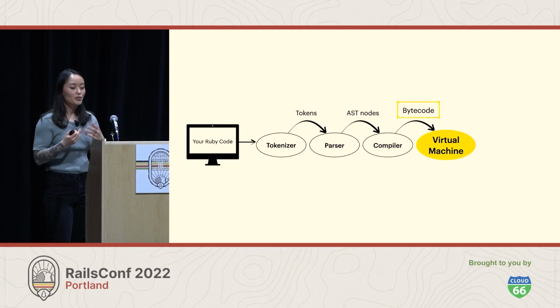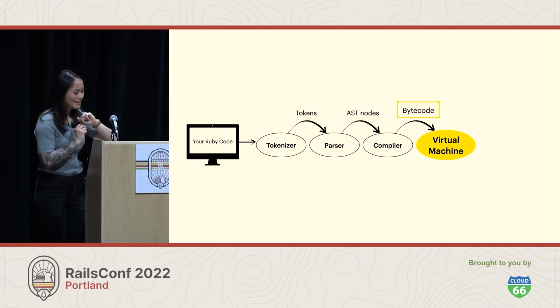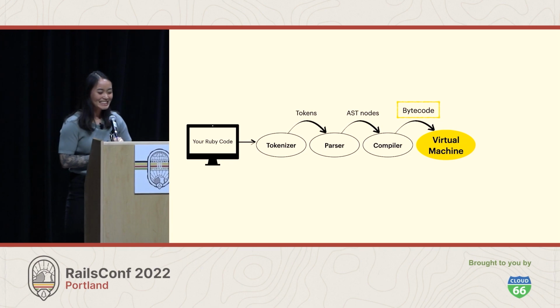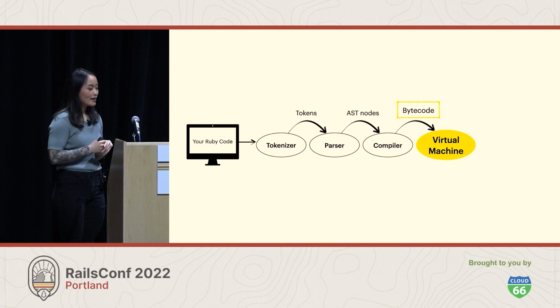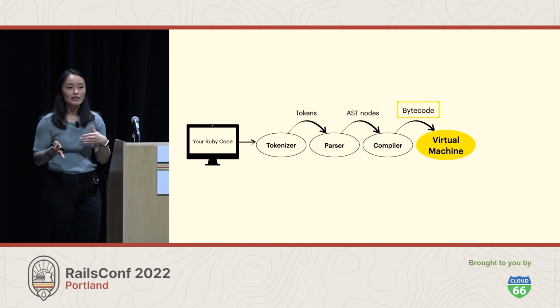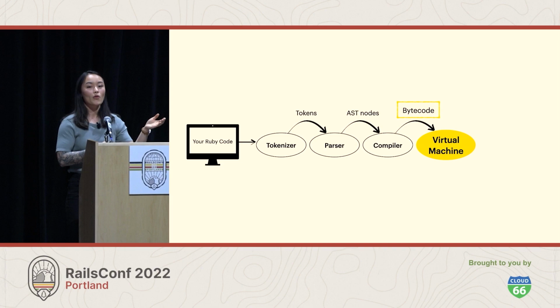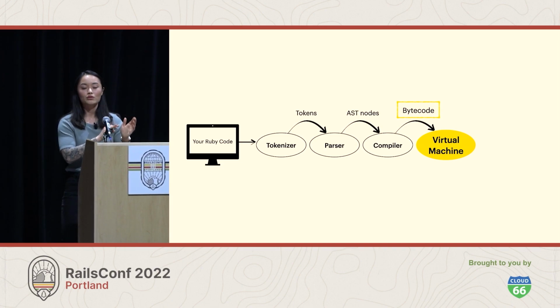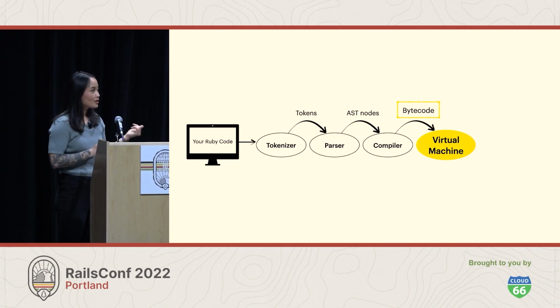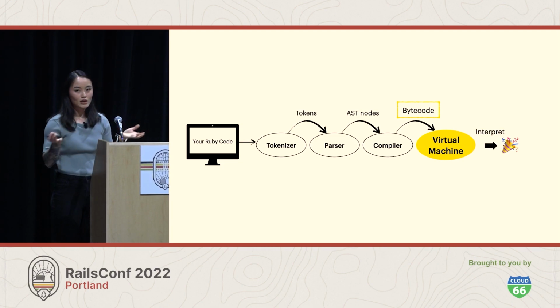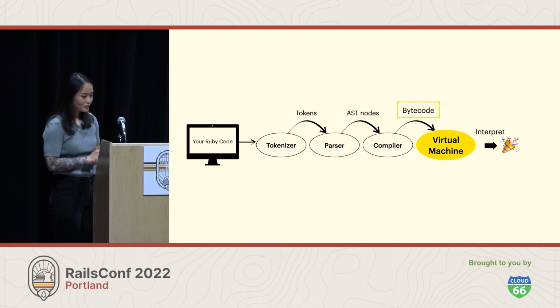Similar to when you run an Ubuntu VirtualBox VM on your Mac OS, think of it as an abstraction layer on top of your computer hardware. However, in this context, obviously, instead of emulating an OS, we're actually using this VM to interpret the bytecode. So once the VM interprets the bytecode, that's kind of the end of the entire Ruby execution process.